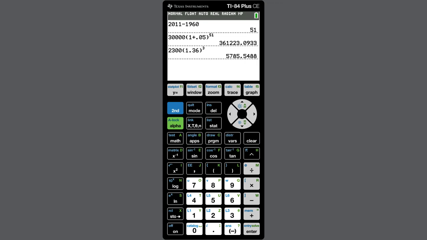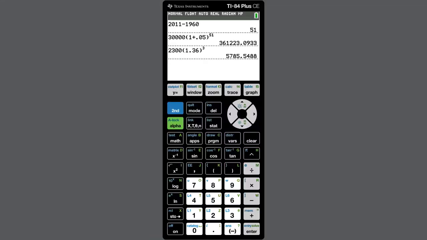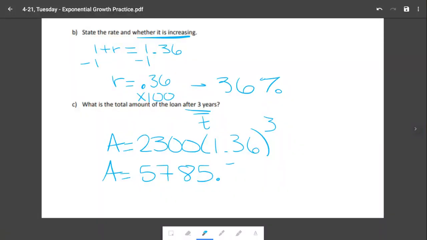It's not telling you where to round. This is money, so 2 decimal places again. So my decimal says 0.548, so that 8 is going to make me round up to 0.55. So $5,000 785.55.